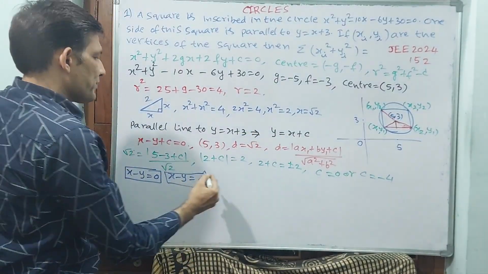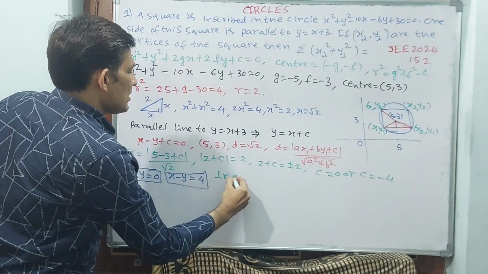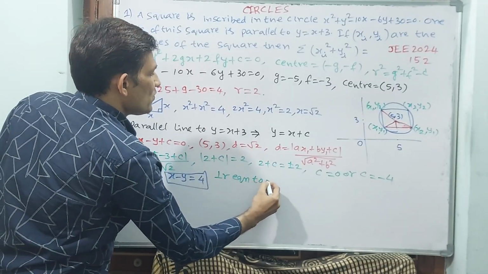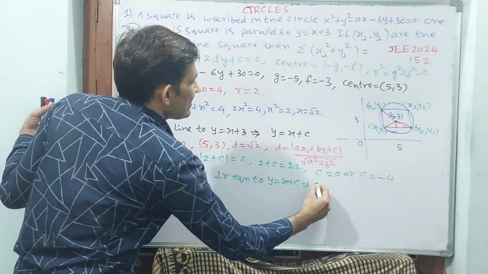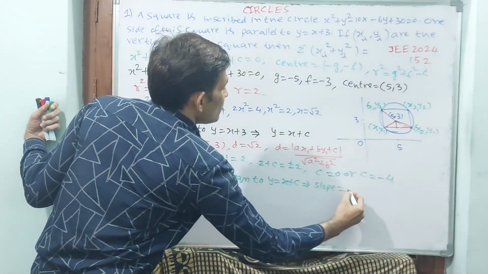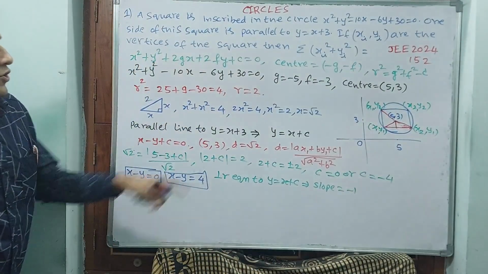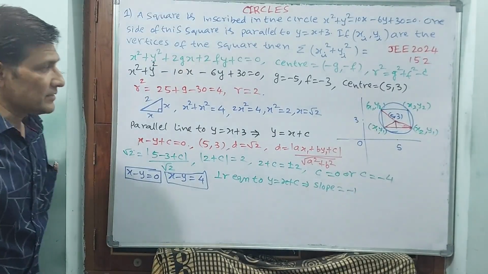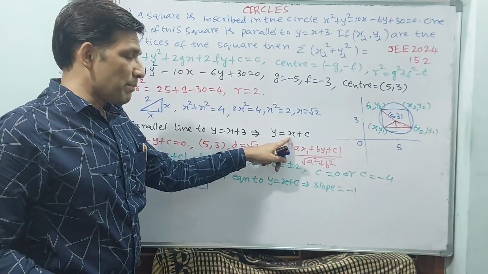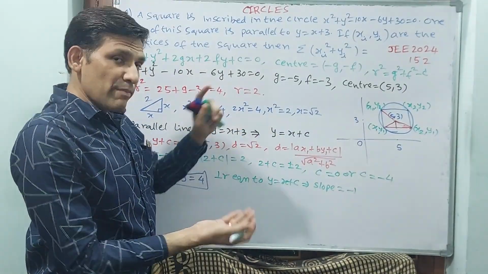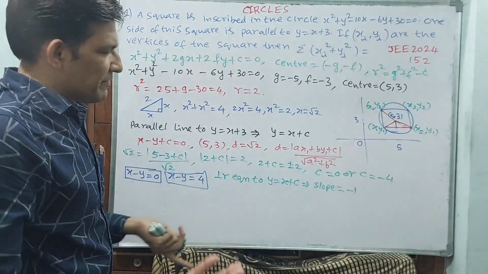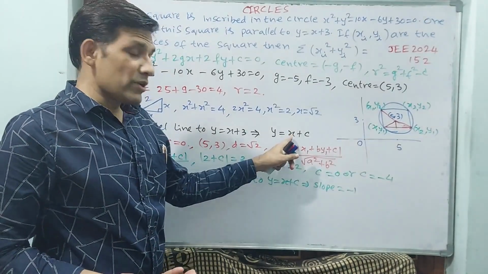Perpendicular equation to y is equal to x plus c implies slope is equal to minus 1. Do you accept or not? Definitely you have to accept. Why? Because here plus x is there, 1, but perpendicular means 1 by minus 1, minus 1 by 1 or 1 by 1, both are same. That is why slope minus 1 you have to take for the second equation.